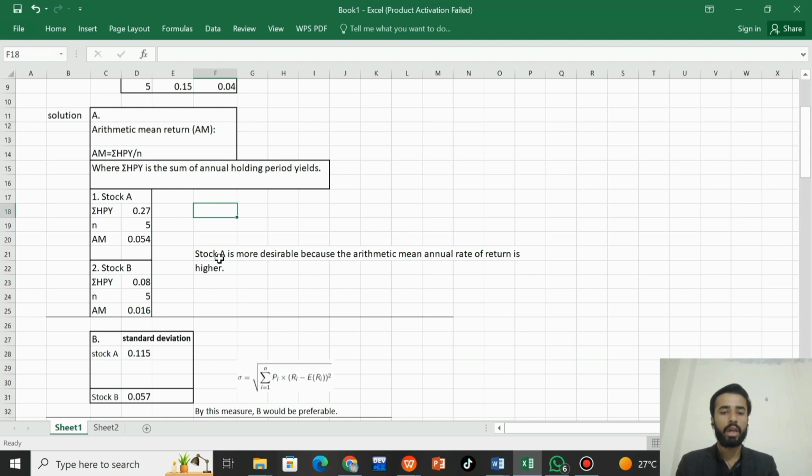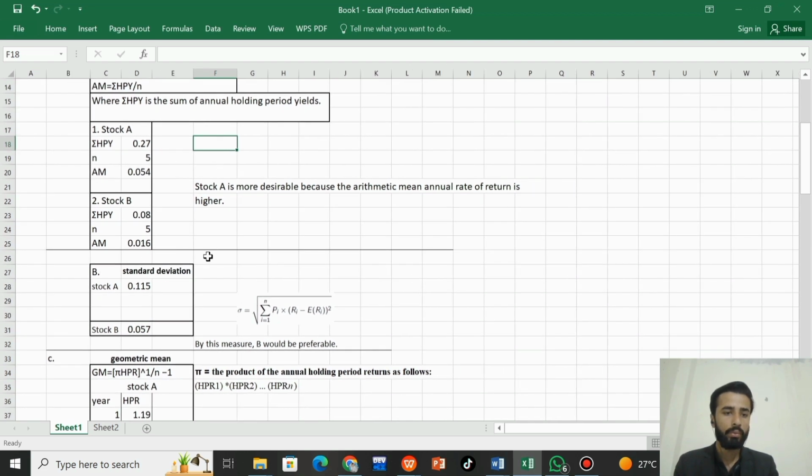Stock A is more desirable because the arithmetic mean annual rate of return is higher. We suggest to the investor that stock A is more desirable on the basis of arithmetic mean return.